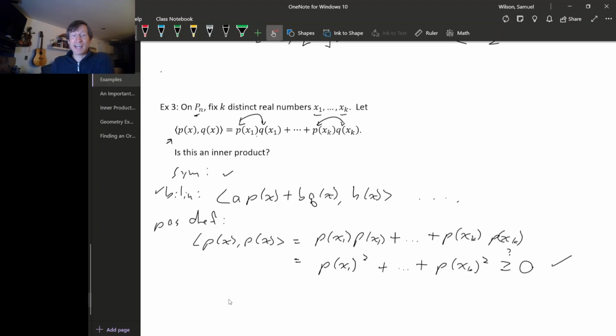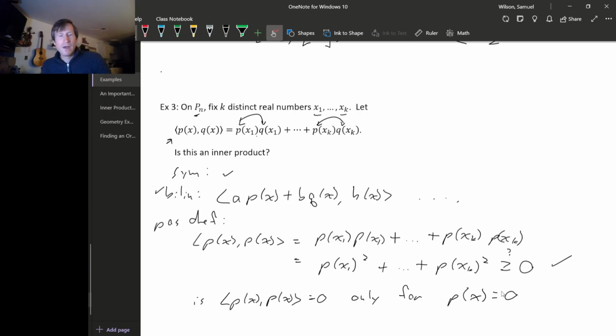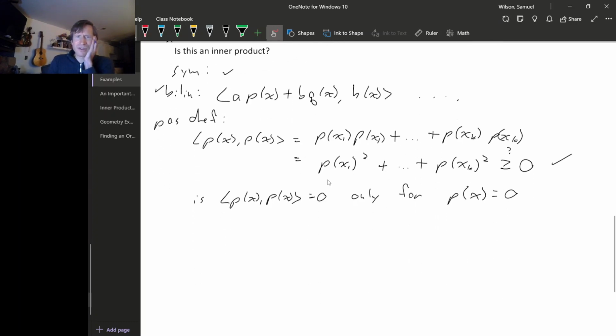So now we have to check, is the inner product of p with itself equal to 0 only for the 0 polynomial, that is the polynomial p of x equals 0. So what we have to ask ourselves is, for a polynomial, is it possible that all of these things add up to 0? Well, all of these things add up to 0 only if each one individually is 0, right?